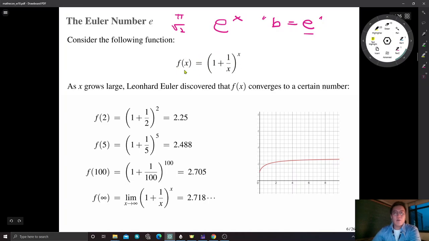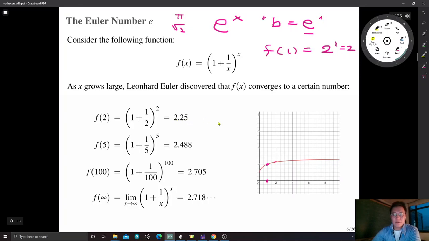Now we increase the size of x from 0 to infinity. Let me start with the number 1. When x is 1, f of x becomes 2 to the power 1, so that is 2. When x equals 2, 1 plus 0.5, so 1.5 squared, is 2.25.